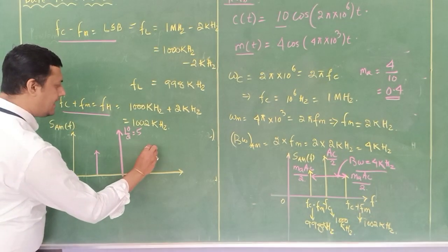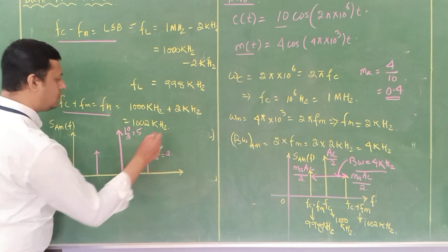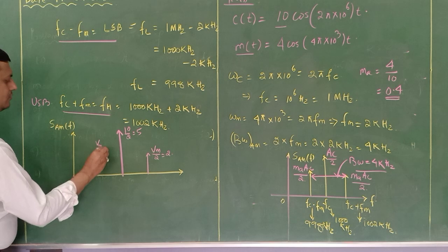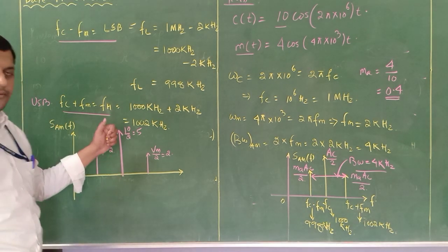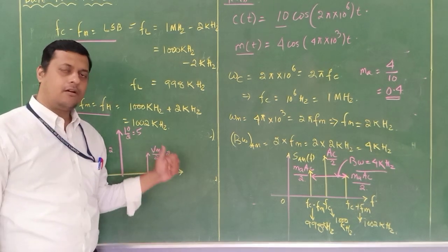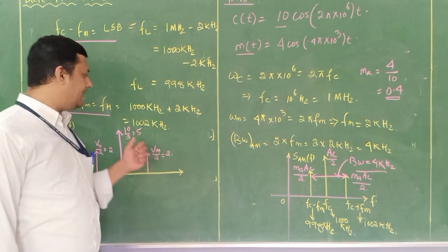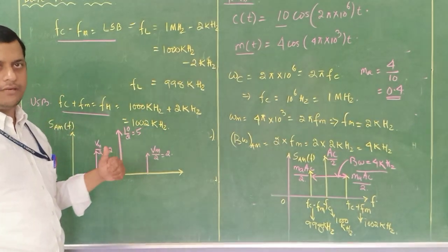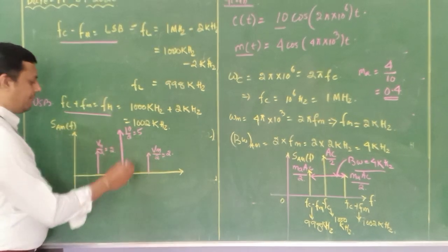This is the upper sideband, Vm by 2, that means it is 2 because Vm is 4. Similarly, Vm by 2 is equal to 2. Either you can represent this in terms of amplitude or in terms of power. Both will be as it is. If it is represented in power, just square it because it is V square by R. So it is 2, this is 2, this is 5.